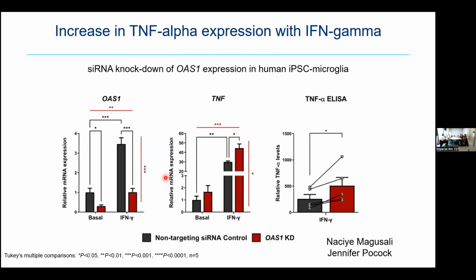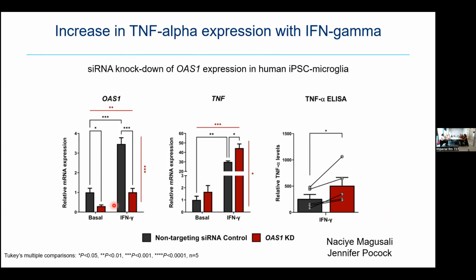So in terms of the cellular function, where we've made good progress so far was to turn to iPSC microglia in collaboration with Jennifer Pocock at UCL, and to basically, in a crude way, mimic the SNP variants that we found using siRNA to knock down the expression of OAS1. So here you can see in the left panel that we've got good knockdown of OAS1.